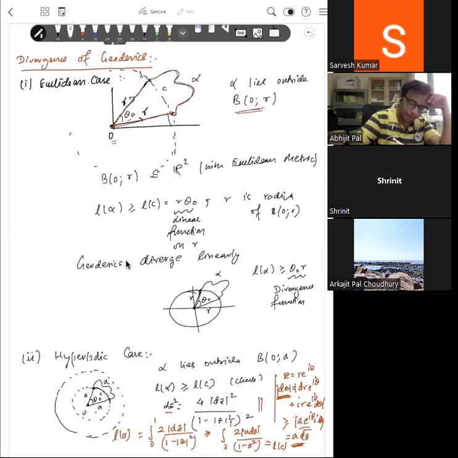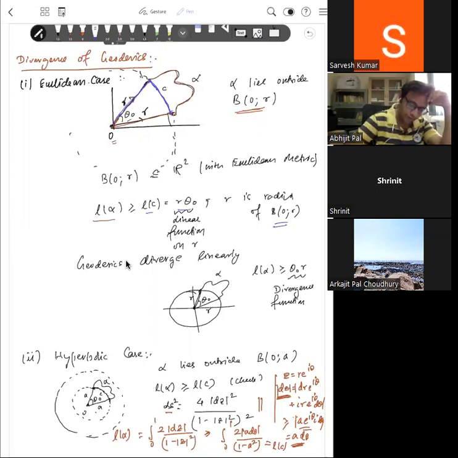In R2 with the Euclidean metric, obviously the length of alpha is greater than or equal to the length of this part of the circumference, this blue arc C. The length of C is equal to r theta naught, where r is the radius of this ball.